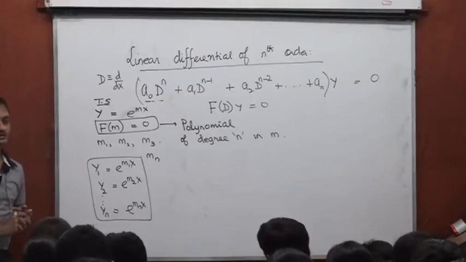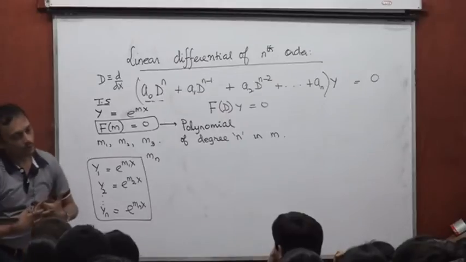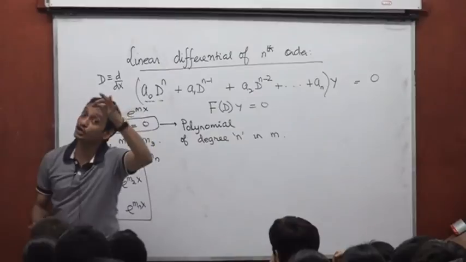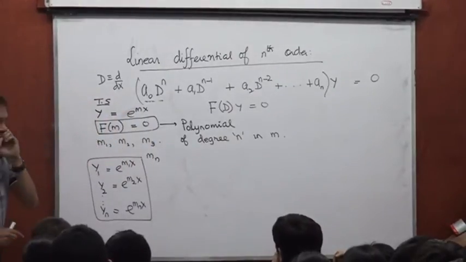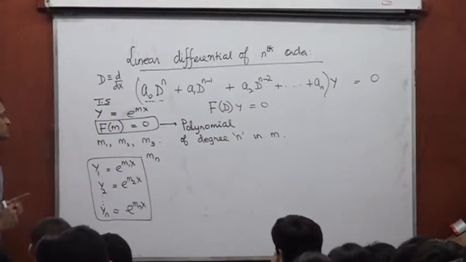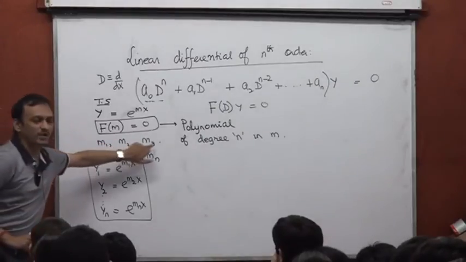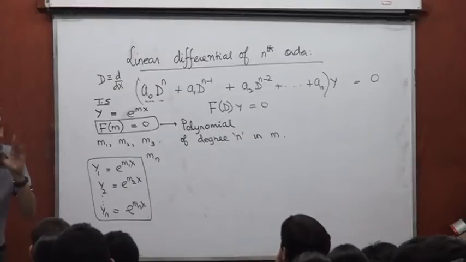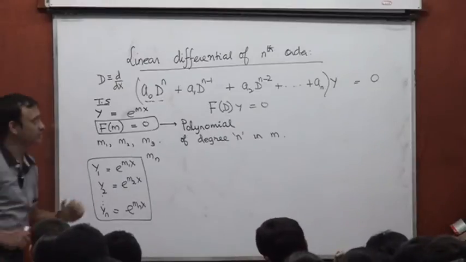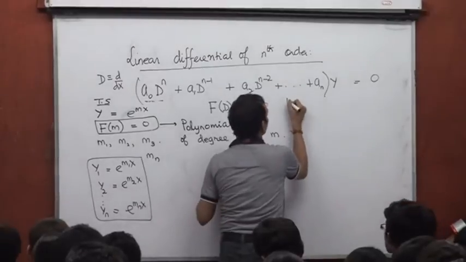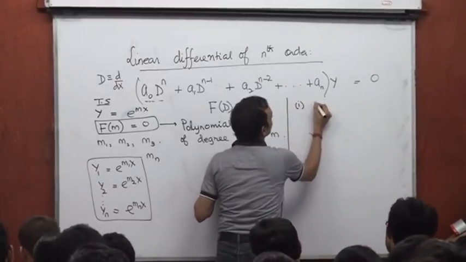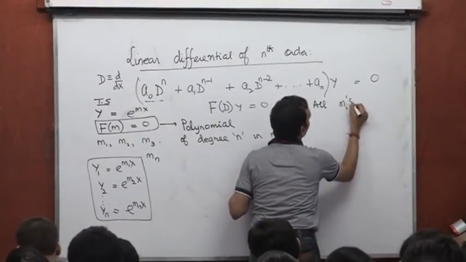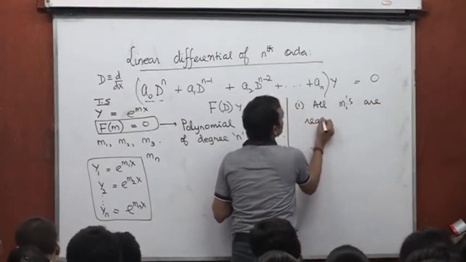First of all, I am assuming that a0, a1, a2, ..., an are real constants. So one possibility is that all these mi's are real and distinct. That's one possibility. Case 1: all mi's are real and distinct.